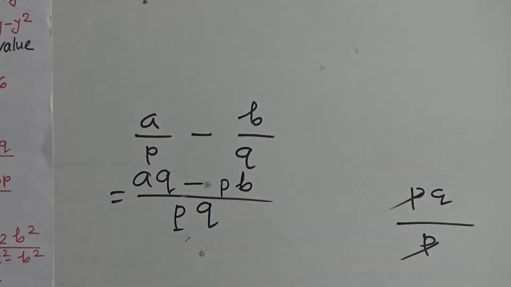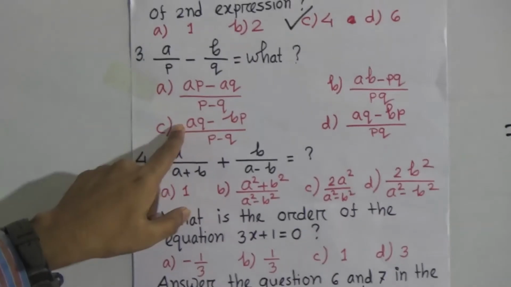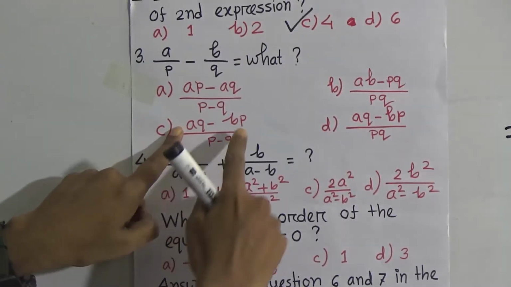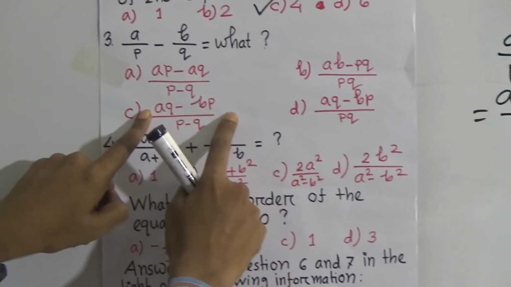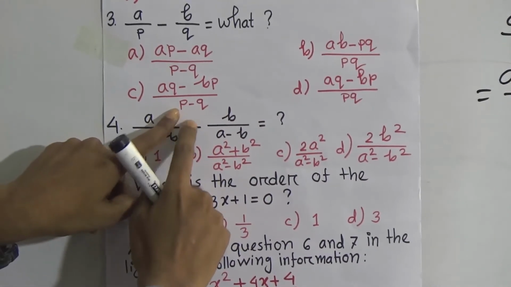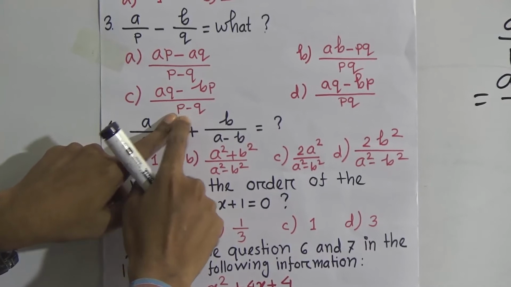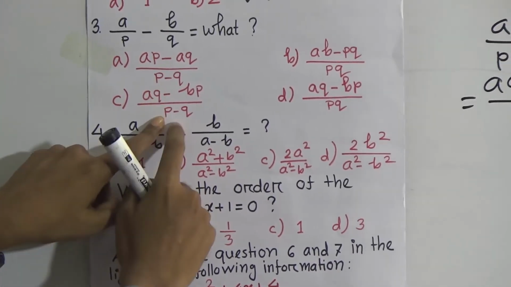Now see among the options which one is correct. aq minus pb or bp is the same, but the denominator is p minus q, so this is not correct.